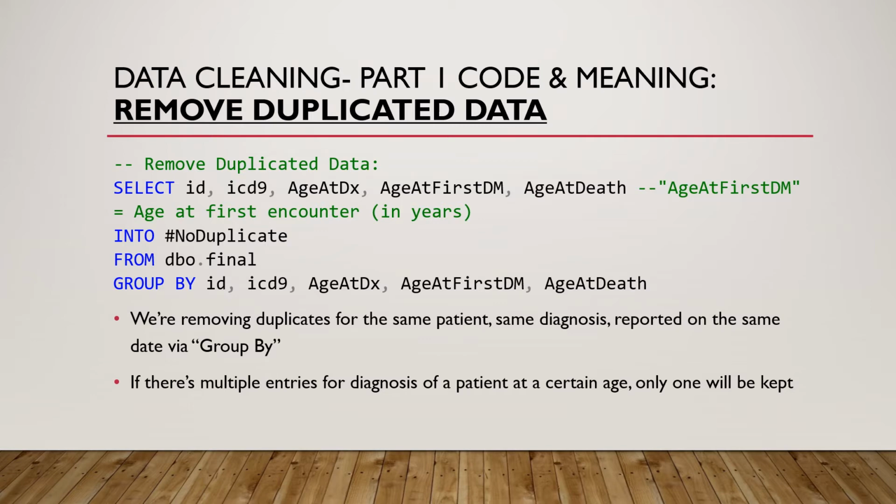So we're removing duplicates for the same patient, same diagnosis, reported on the same date via group by. If there's multiple entries for diagnosis of a patient at a certain age, only one will be kept.